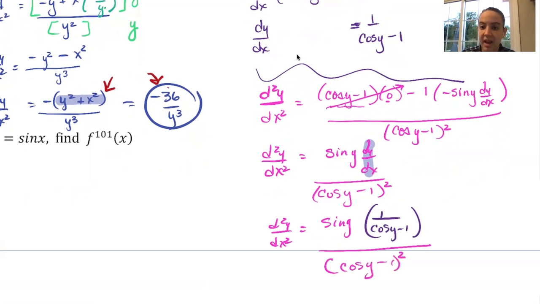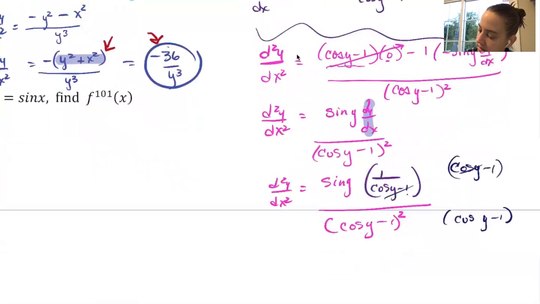Now, I have this fraction inside of a fraction. I'm going to multiply the top and the bottom by cosine y minus 1. That's how I do it. A few other teachers might look at that a little bit differently, but I look for that denominator. Here it is. So they're going to cancel.